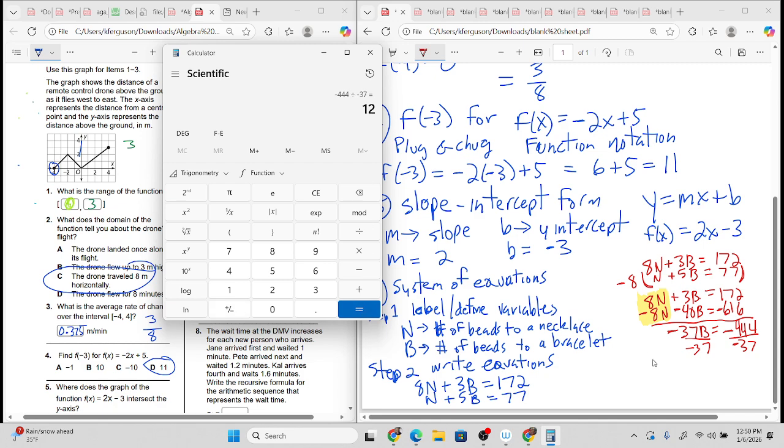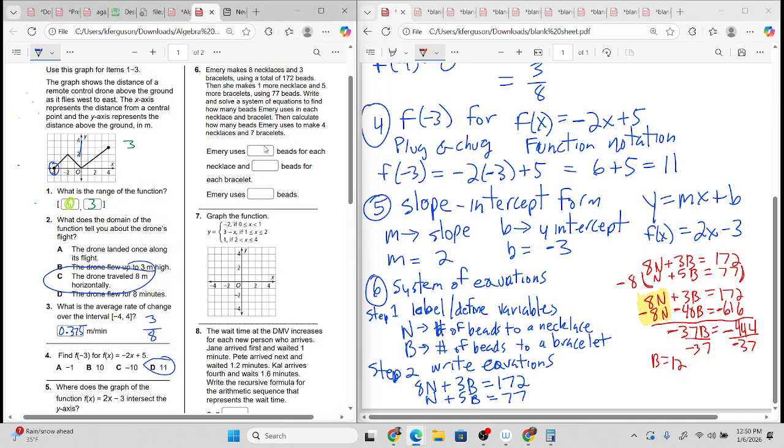So B equals 12. So the number of beads it takes to make a bracelet is 12.